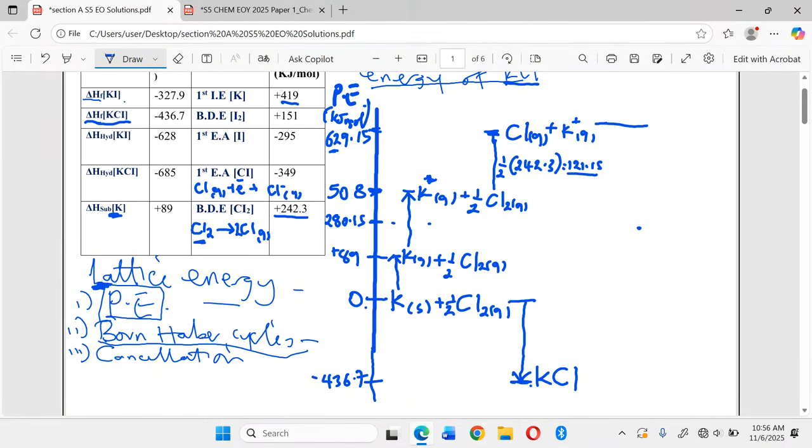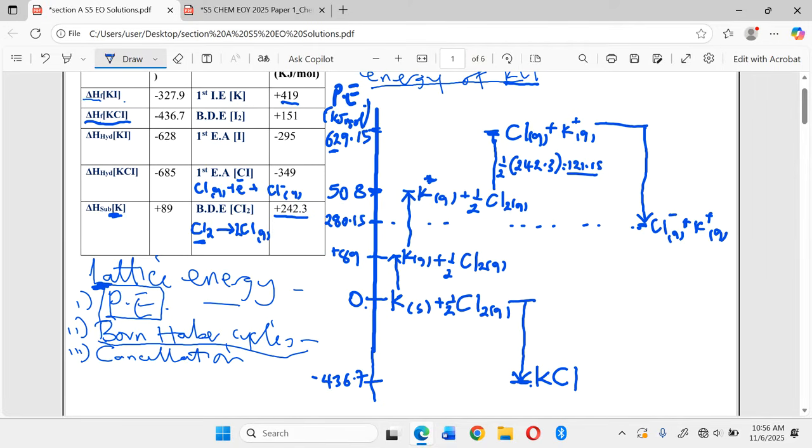So that is it. At this stage, that is where we are going now. At this stage, we have chlorine gas plus potassium, also a gas. So we have chloride ion, and then plus that one potassium ion.